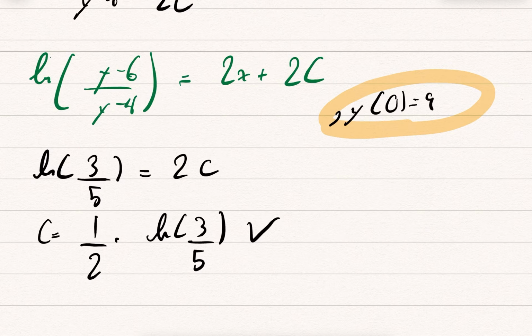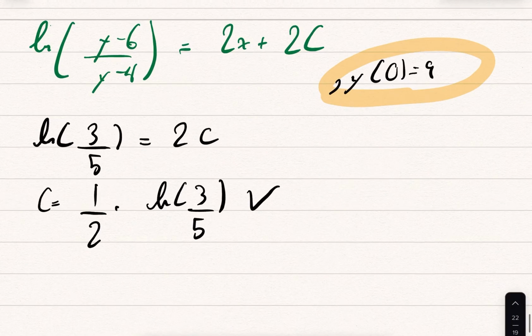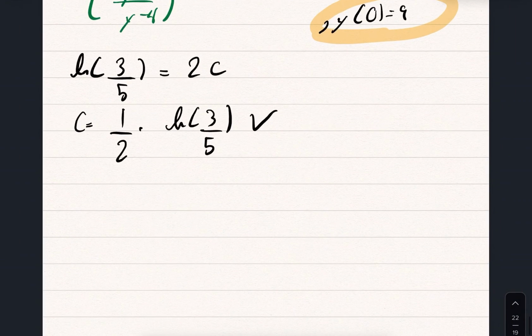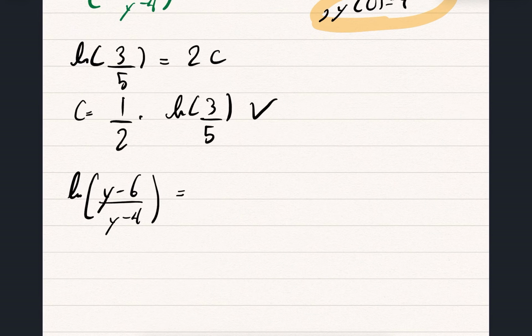As a matter of fact, I actually didn't even have to multiply the 2 up. I literally could have kept it the same. I just repeated a step. All right. So, now that we got that, we're going to keep solving. ln of (y minus 6) over (y minus 4) equals 2x. Multiply this 2 to that 2, right?